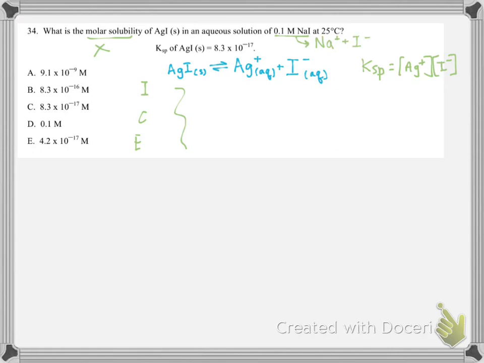And it's giving us sodium ions and iodide ions then. The sodium isn't present in our equilibrium, but the iodide is. So what this is doing is it's giving us some initial concentration of iodide. And there's nowhere else that the silver is coming from, so that'll have a 0 for its initial value. We'll have plus 1x for both of them.